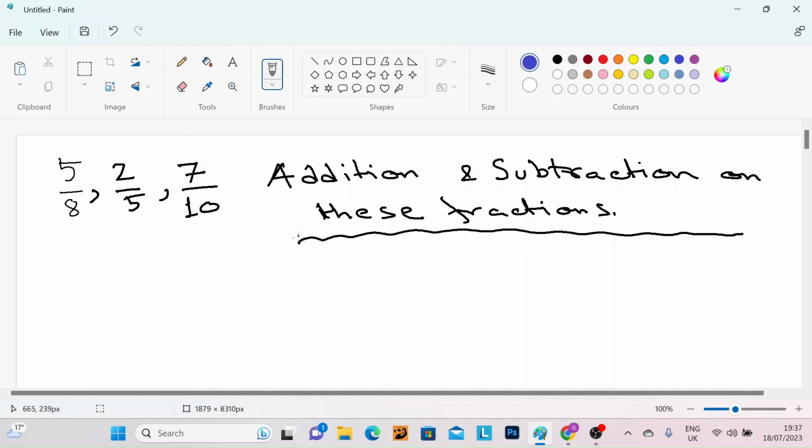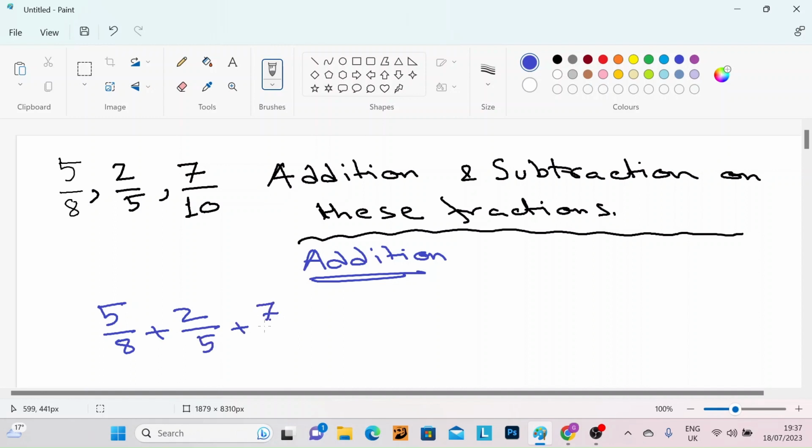If we begin by doing addition, we want to add 5 by 8 plus 2 by 5 plus 7 by 10.